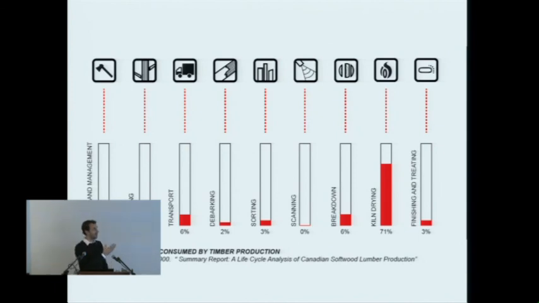So you can nicely see that 71% of the energy in the wood processing goes into kiln drying the wood, which is meant to reduce the moisture content to below 10%, which guarantees that the wood remains dimensionally stable in its subsequent use.